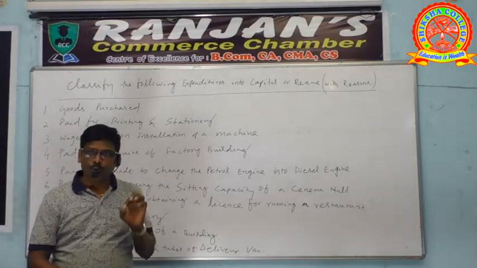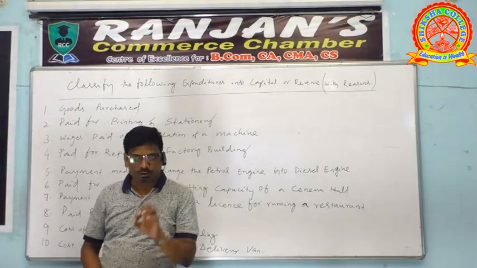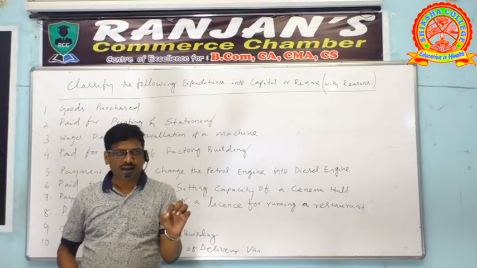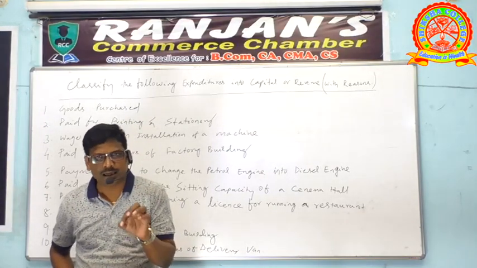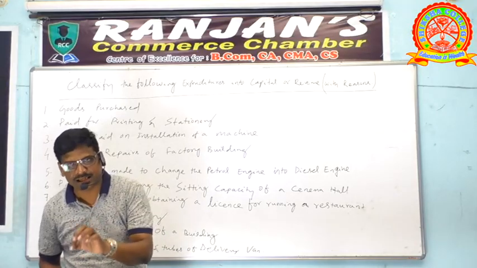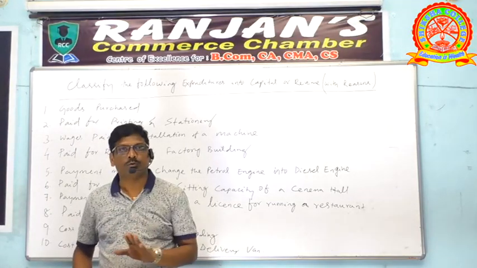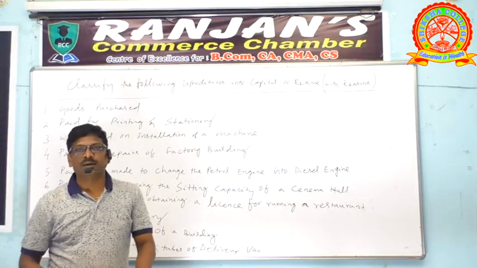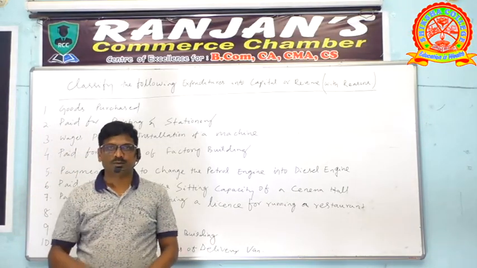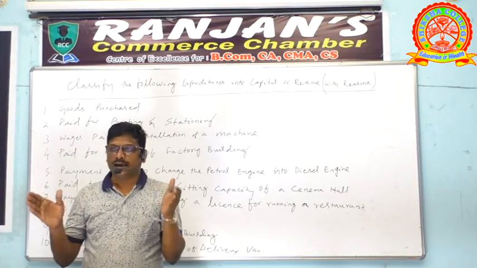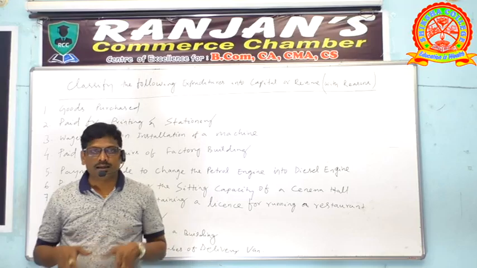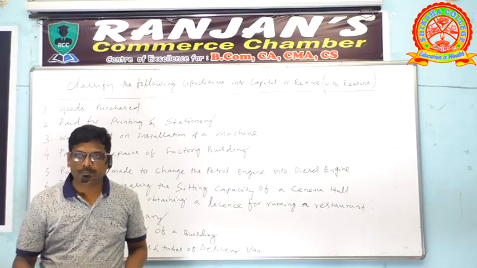If you don't carry out day-to-day repair and maintenance of an existing asset, it will not work with its originality, right? So, in case of a building, it needs repairing from time to time, like whitewashing each year.